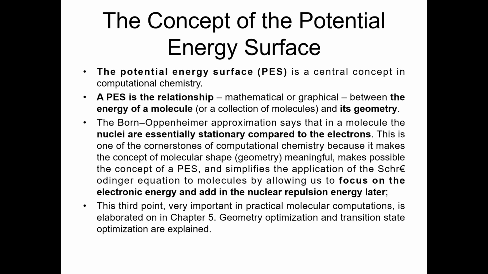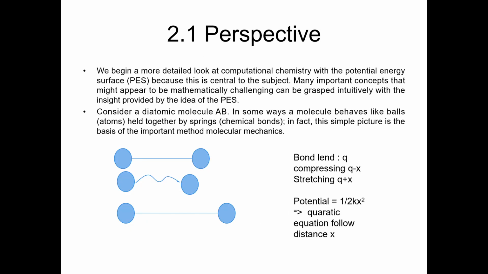So we come to the next slide. In this slide I talk about the perspective of the potential energy surface. Normally, consider a molecule with two atoms. For the simulation, we can represent the atoms like balls and the bond like a spring.